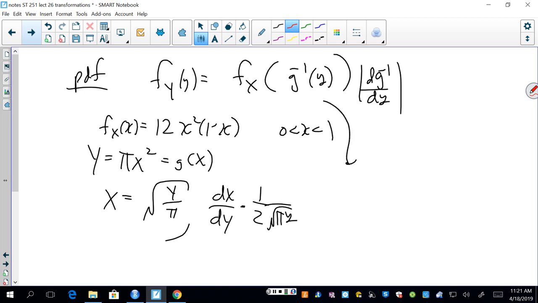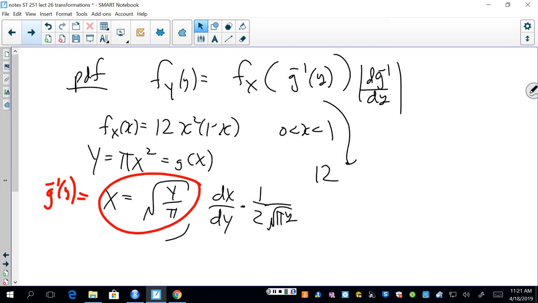And then we plug things in. So f of x is 12, and we're going to put in our transformation, the g inverse of y term, inside.